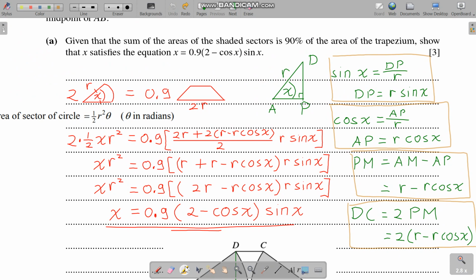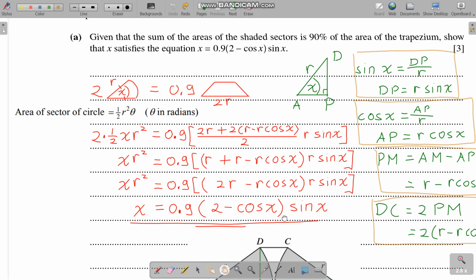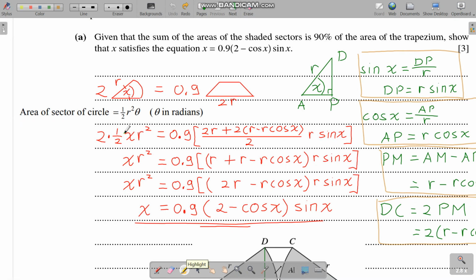For the area of the sector, we use this formula in the MF19. The area of the sector is 1/2 times theta times r squared. For the trapezium, the sum of parallel sides is 2r plus 2 times (r minus r cos x) from previously, and the height of the trapezium is r sine x. So 2 times 1/2 is just 1.